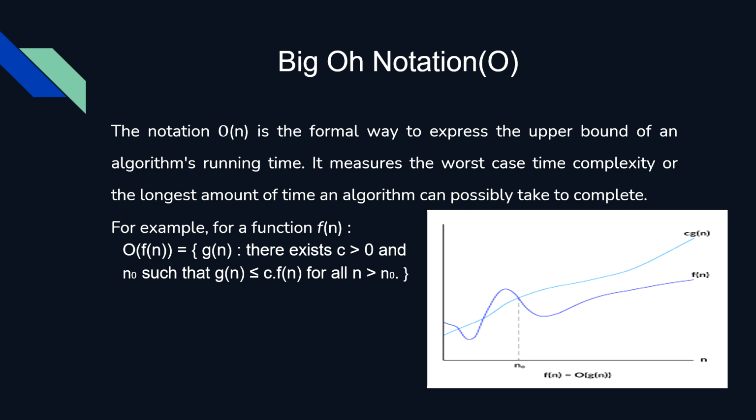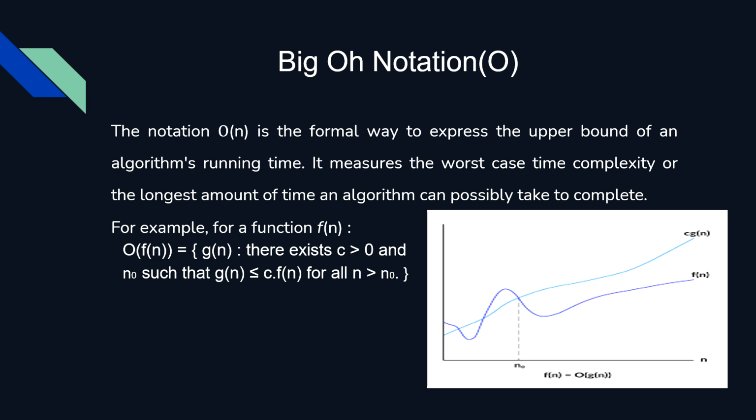For example, if we take a function f(n), f(n) equals big O of g(n) if there exists a constant c which is always greater than 0 and a value n0 such that f(n) is less than or equal to c into g(n) for all values of n greater than n0.